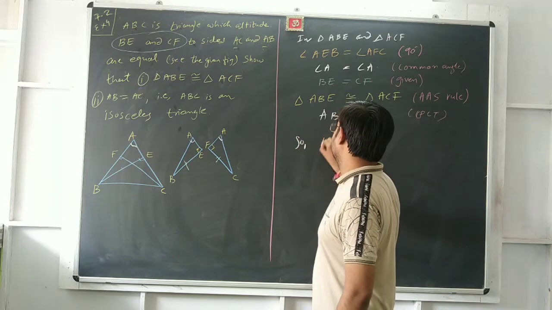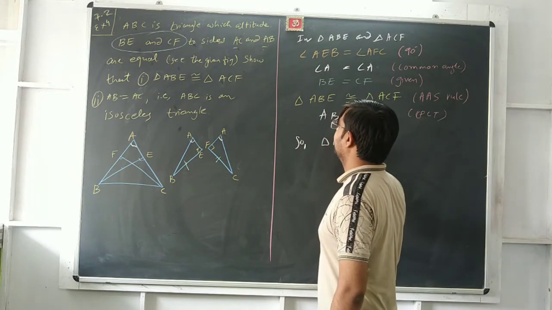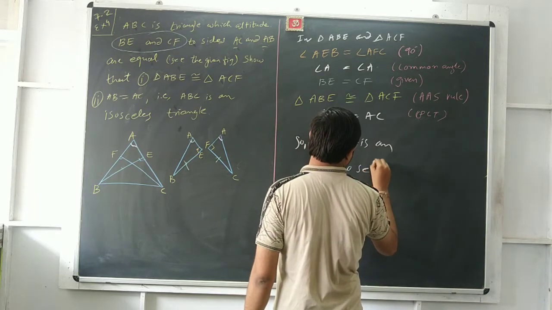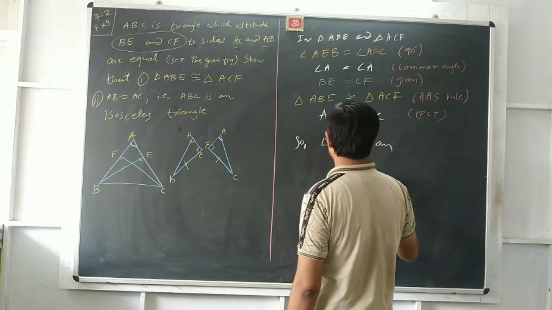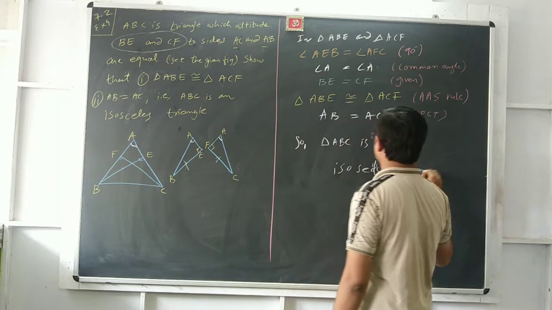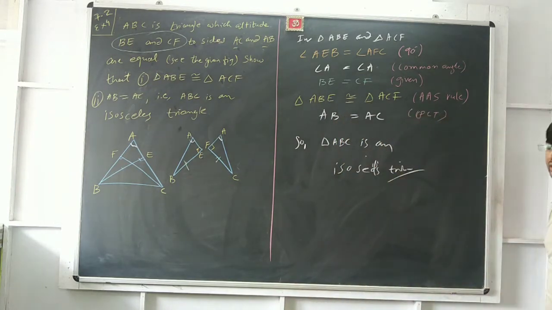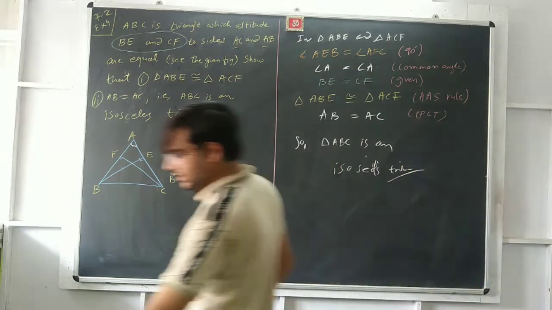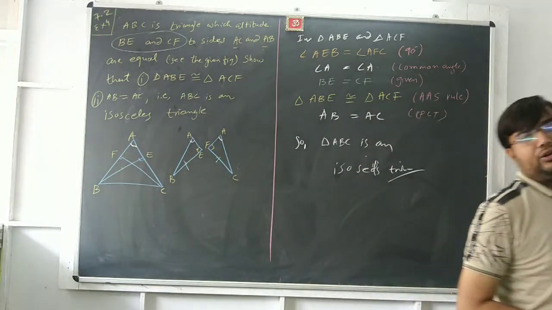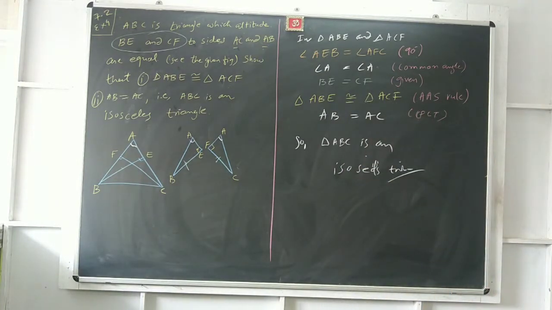So triangle ABC is an isosceles triangle. Okay, it is an isosceles triangle. See it carefully and write down in your notebooks.